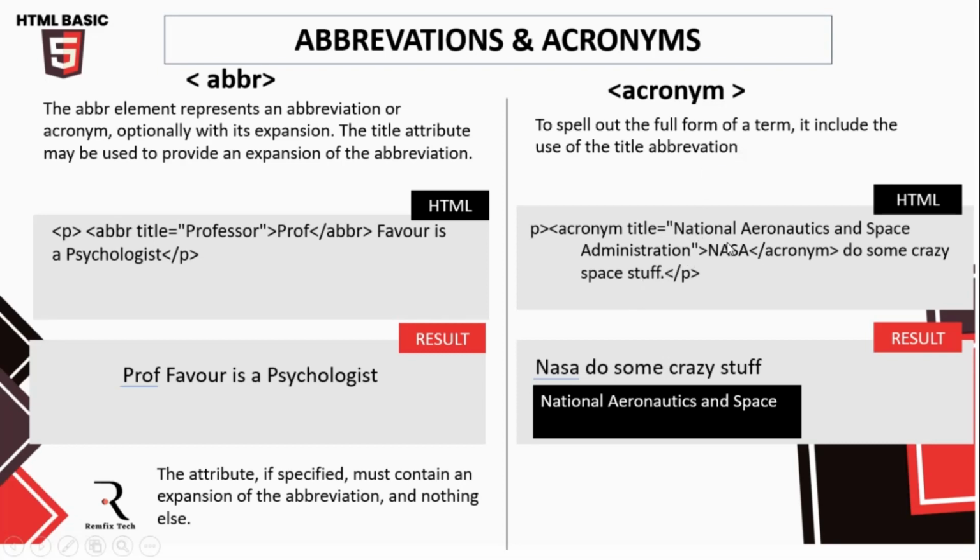So I have, for example, NASA, defined as National Aeronautics and Space Administration. When my browser displays this, once the mouse cursor is placed on NASA, it displays National Aeronautics and Space Administration. So what I want you to do is pause this video and try this out.